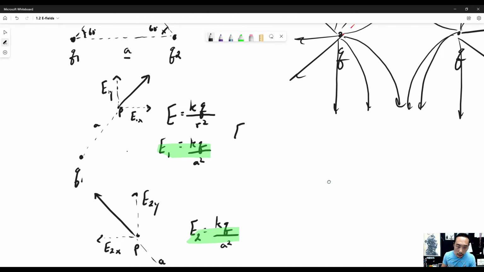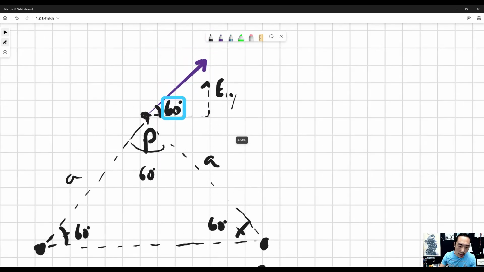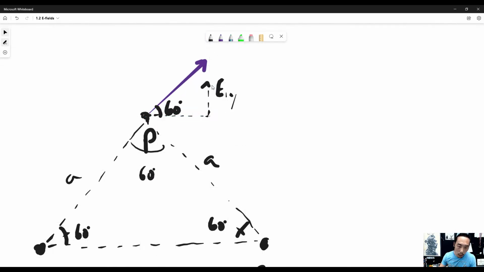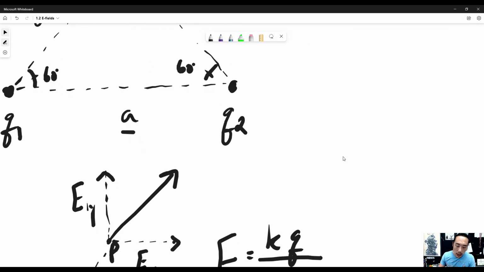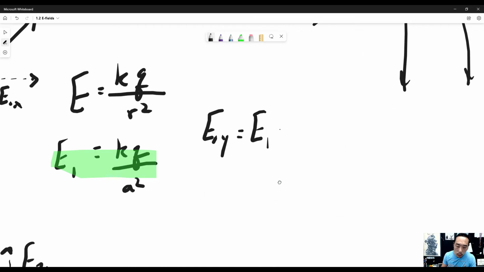All right. And so what that tells us is that this E1y, we can just rewrite the formula of E1y is equal to E1, which is the original vector, but we only want the vertical component. And the vertical component of that will be, let's go back to our original image. If this is a 60-degree angle here, the y component is opposite of that angle. So opposite always means sine. So E1y is E1 sine of theta.